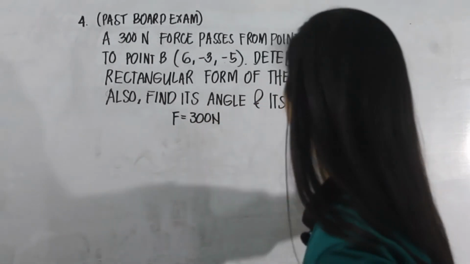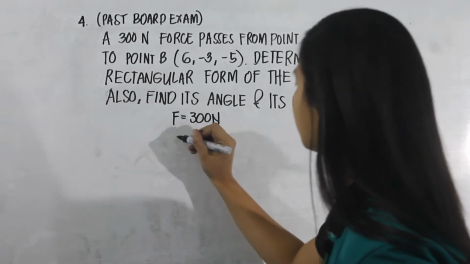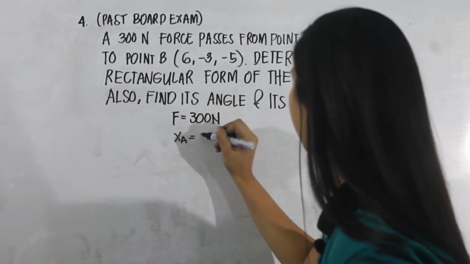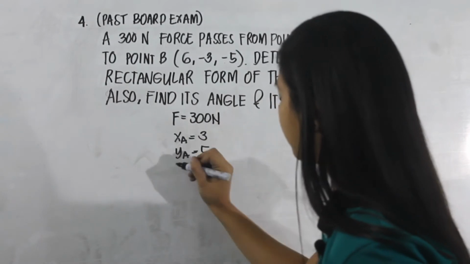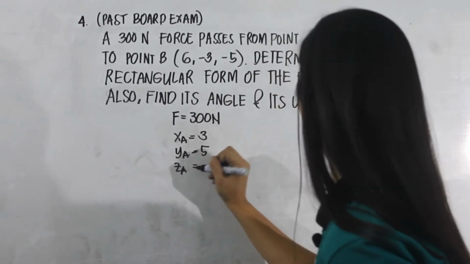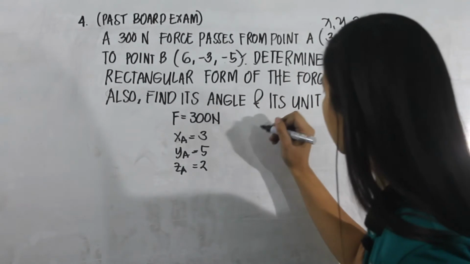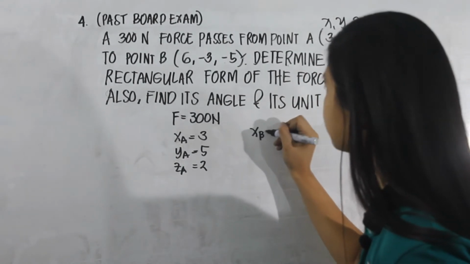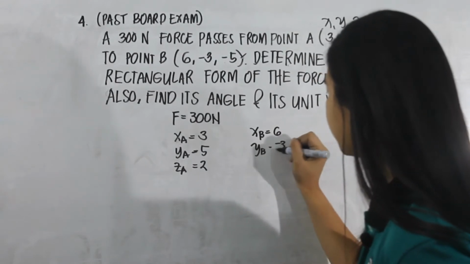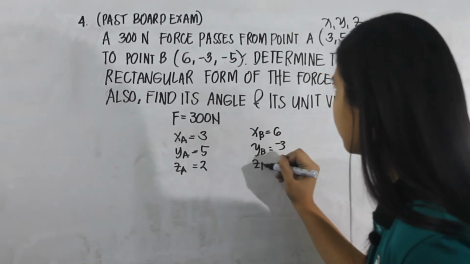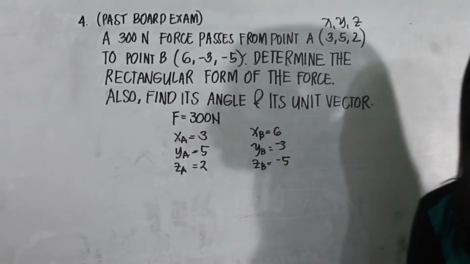And for our point A, which will give us X, Y, and Z. For our XA, we have 3, YA, 5, and ZA of 2. For our point B, we have XB of 6, YB of negative 3, and ZB of negative 5.